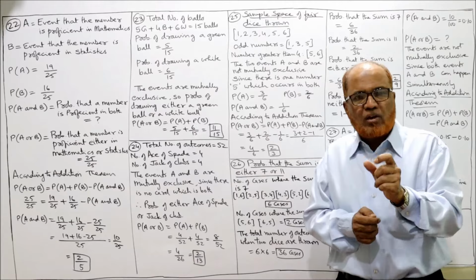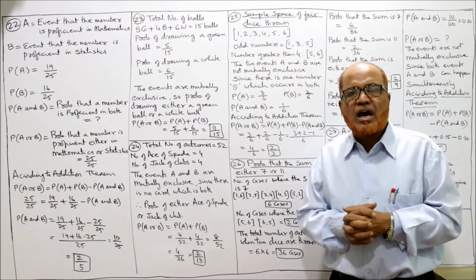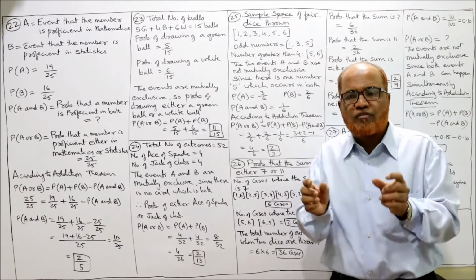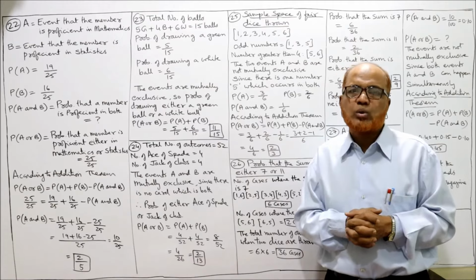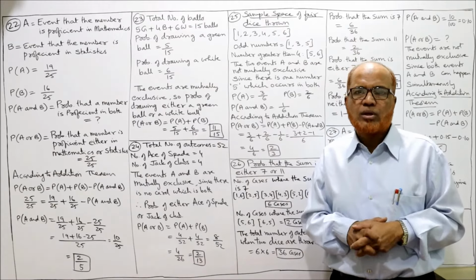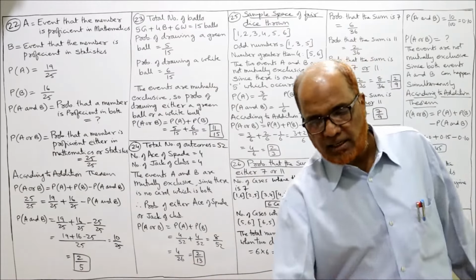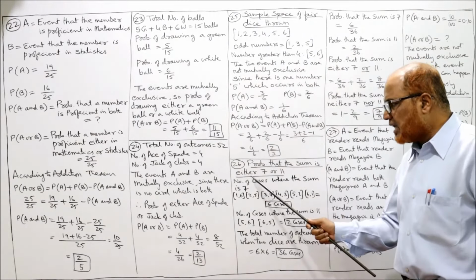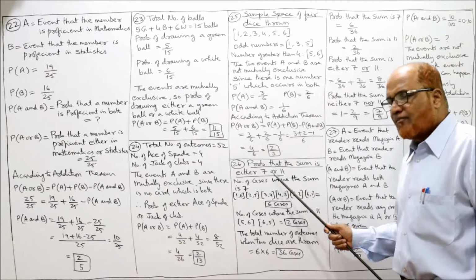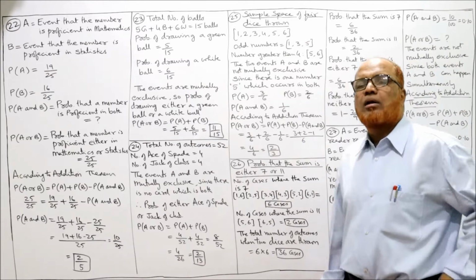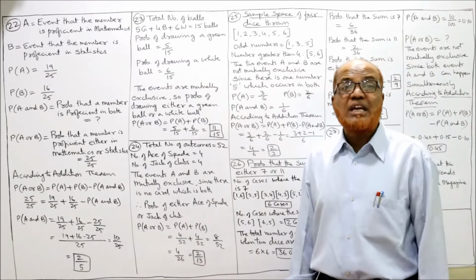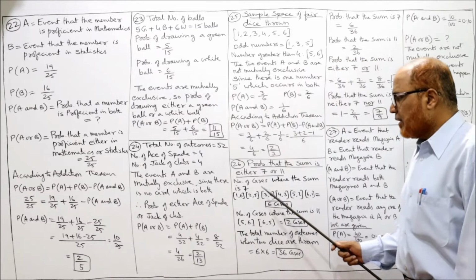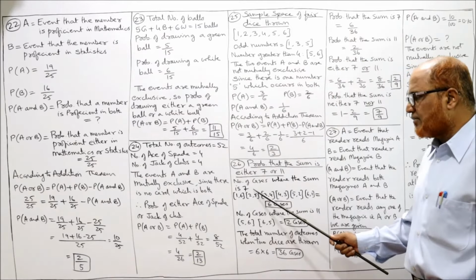Now we need how many cases we have the sum of both the dices equal to 7. Equal to 7. तो कैसे केसेस आएंगे यहां पर I'll show you. Probability that the sum is either 7 or 11. First we calculate either or, then we convert it into neither nor. Okay. तो number of cases where the sum is 7.